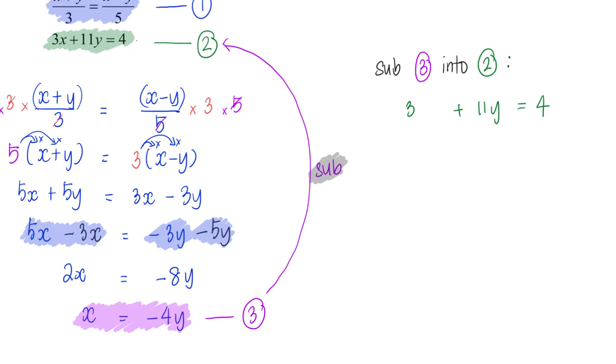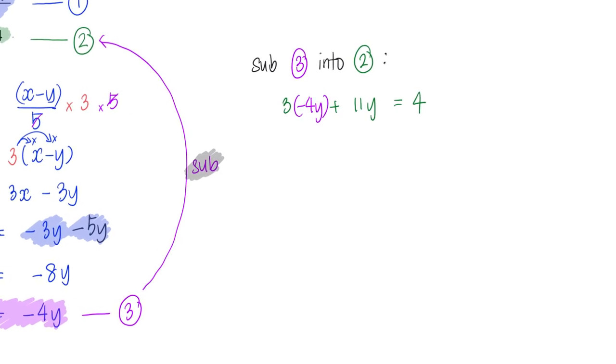Instead, x is negative 4y, and I just need to solve this now. So 3 times negative 4y will give me negative 12y plus 11y equals 4. This will give me negative 1y equals 4.